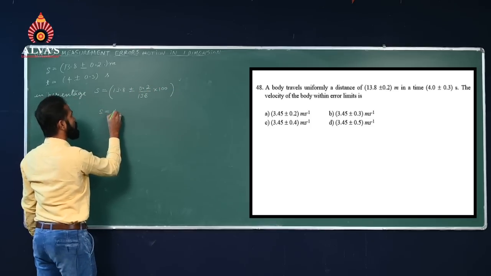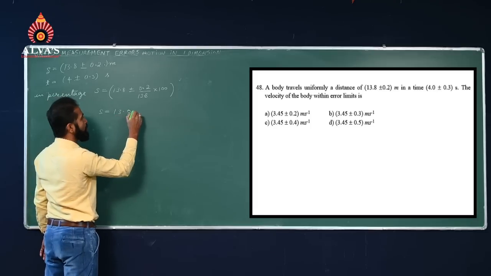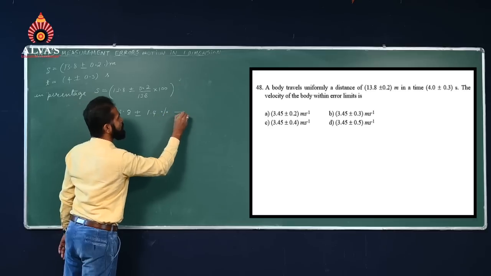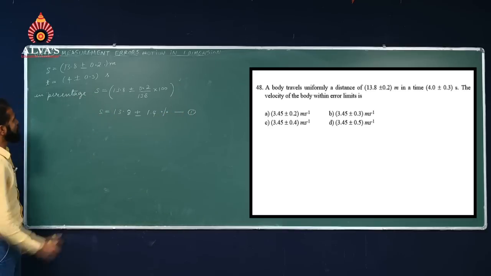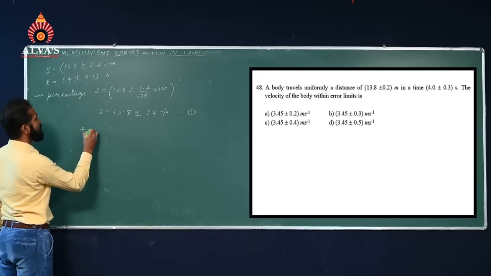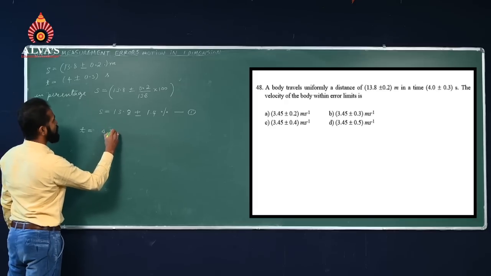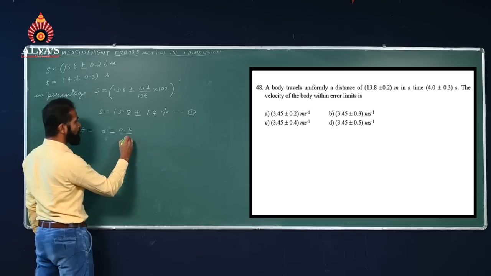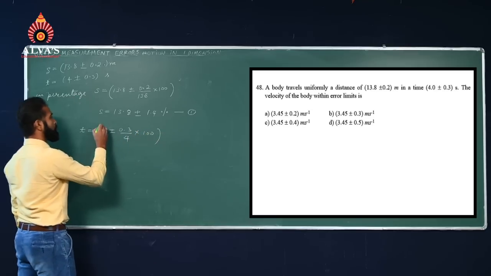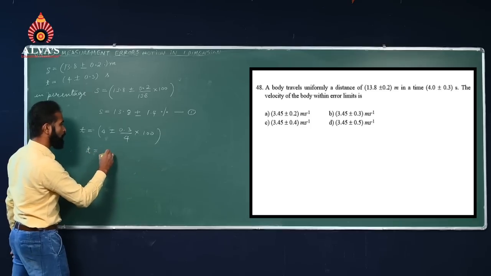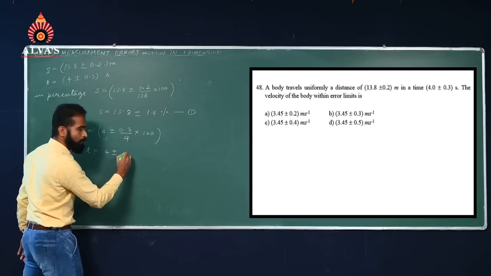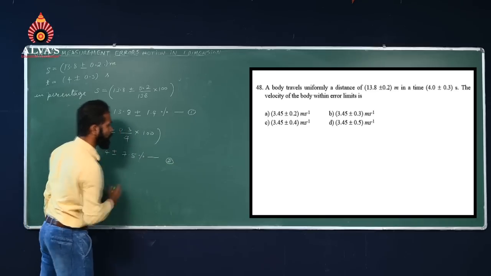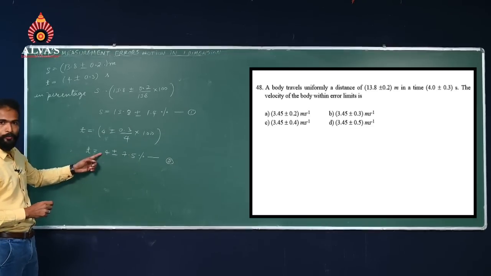So S becomes 13.8 plus or minus 1.4%. Let me take it as equation number 1. Now similarly calculate time in percentage. Time will be 4 plus or minus the error divided by the original value 4 into 100%. So time becomes 4 plus or minus 7.5%. Equation 2. Now we can take the ratio of S by T to find out the velocity.